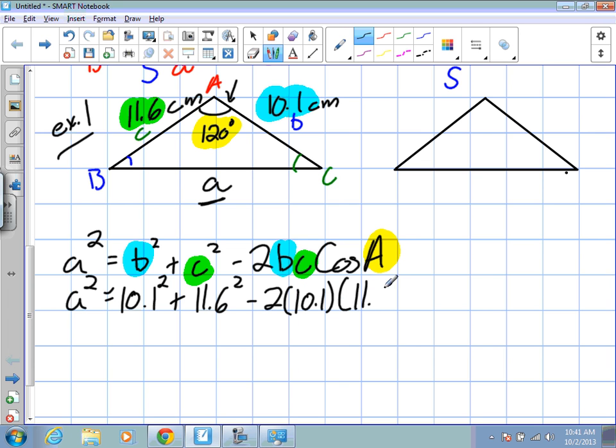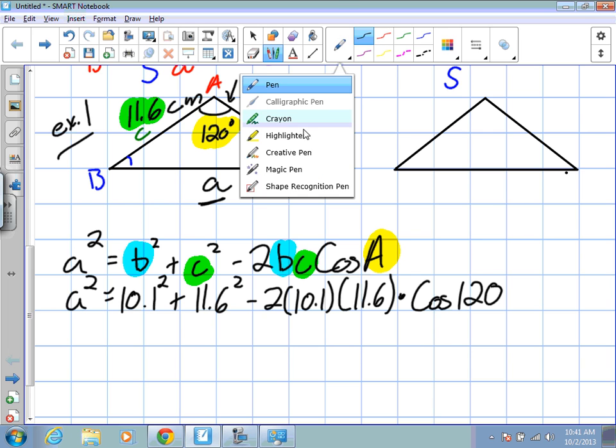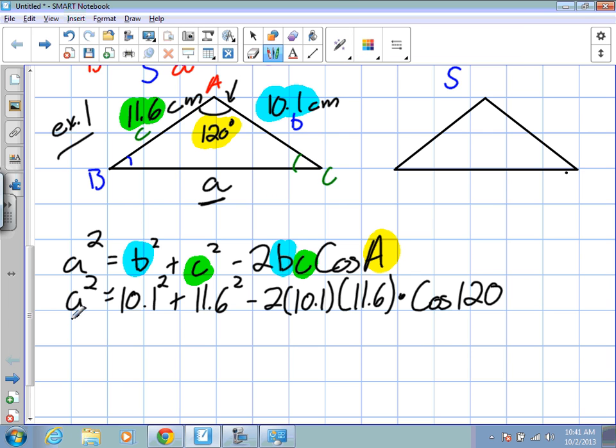And this is technically multiplied by cos 120. Good. So, from this step, we essentially are using a calculator. Here's our A. Now, I want you to keep in mind, many people make the mistake here of solving this, and then they subtract this amount. But we can't do that according to BEDMAS because this is multiplication.